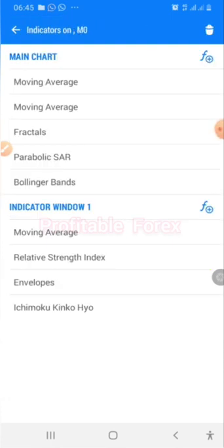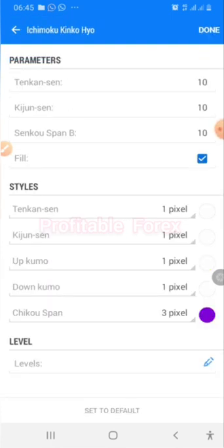So the next indicator is your Ichimoku. The Ichimoku will have the Tenkan-sen 10, the Kijun-sen 10, the Senkou Span B 10, and make sure you tick the fill. The styles will have the Tenkan-sen 1 pixel, the Kijun-sen 1 pixel, the up Kumo 1 pixel, the down Kumo 1 pixel, and their colors should be your background color.